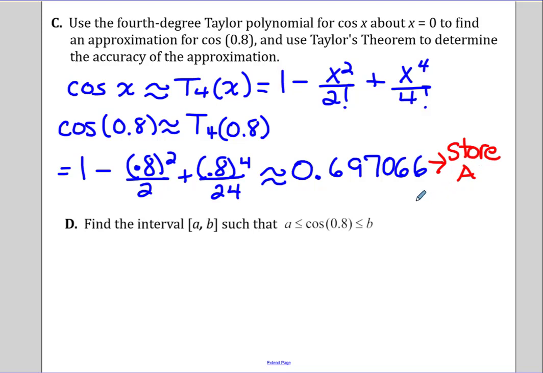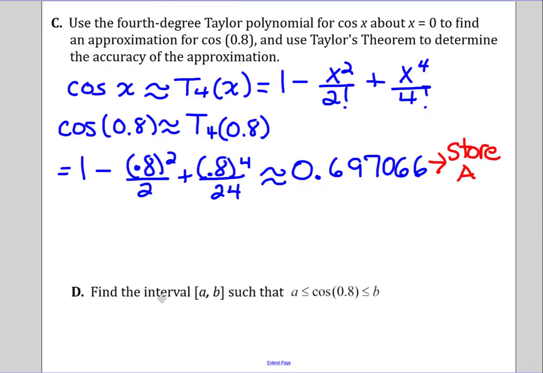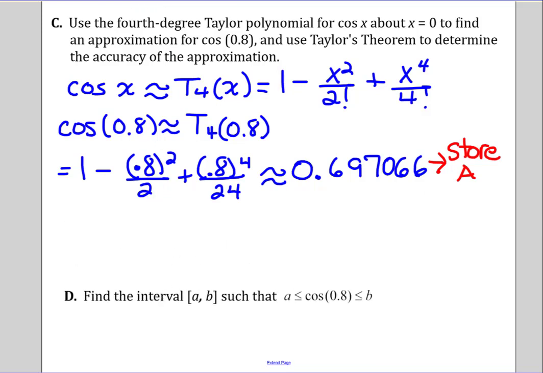And we know that the error, because again, it's an alternating series, is going to be the next term.